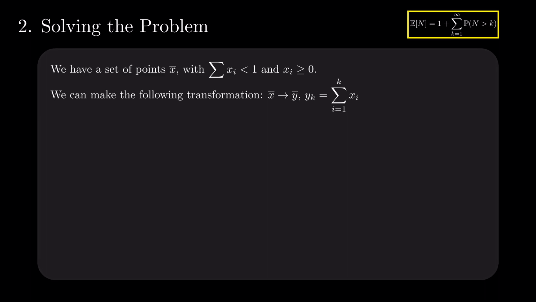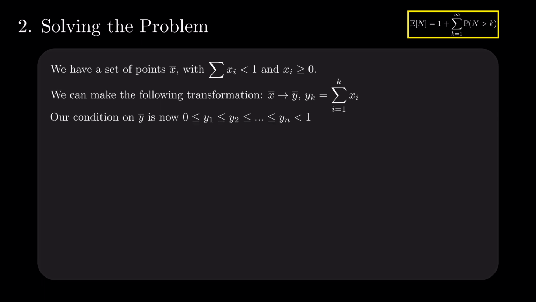The only condition that remains on y is that its coordinates are sorted and between 0 and 1. It's clear that the transformation is one-to-one, but the two shapes determined by the sets of points are not congruent. How do we know that the transformation preserves volumes?